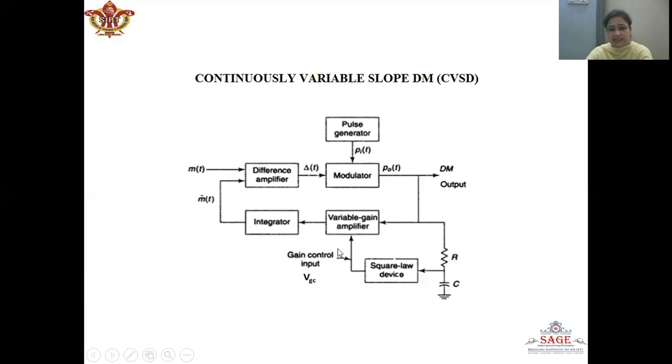Now, this gain control input will increase the gain of this variable gain amplifier, and it will then be added to the previous sample, and a larger value of XQT will be generated, which will be compared with the next incoming sample of the message signal. And this is how the step size is varied according to the variation in the error signal.